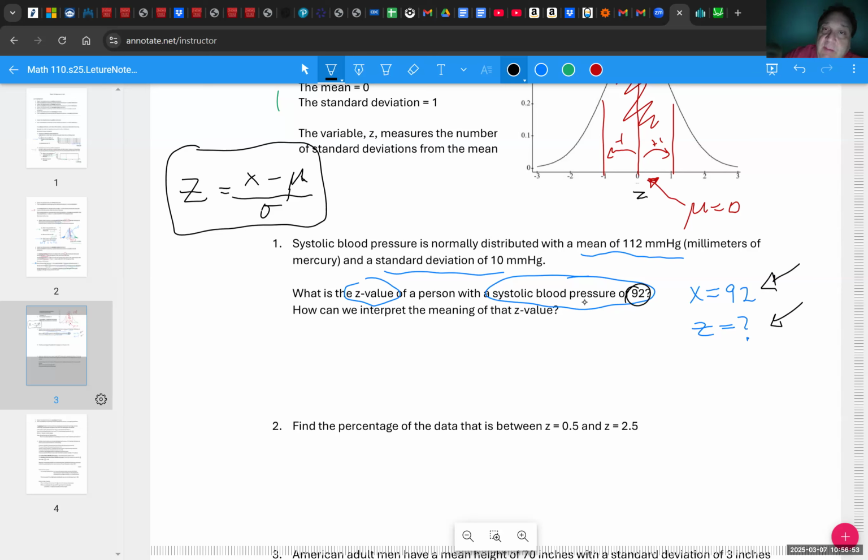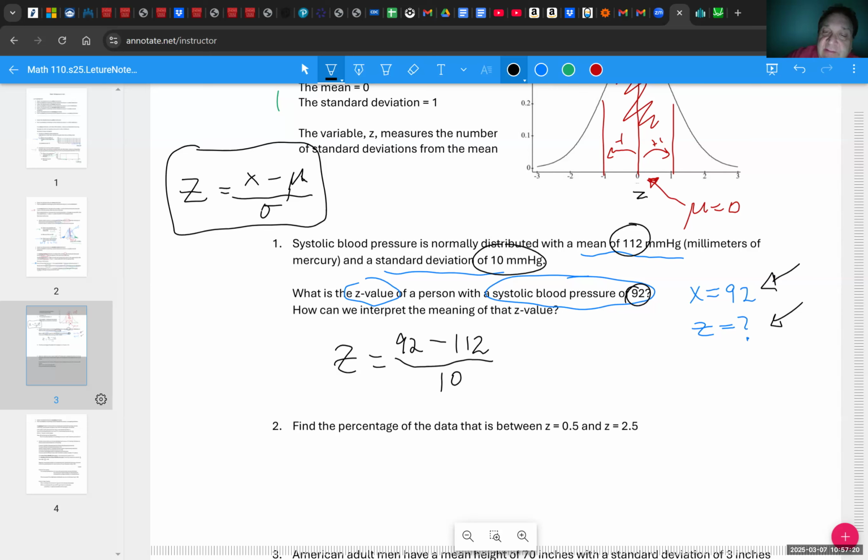So now here's where your math calculation comes in. You would just say z is equal to the x value, which is 92, minus the mu, which is the mean. The mean is 112. And then all divided by sigma. Sigma is the standard deviation, and it says the standard deviation is 10.